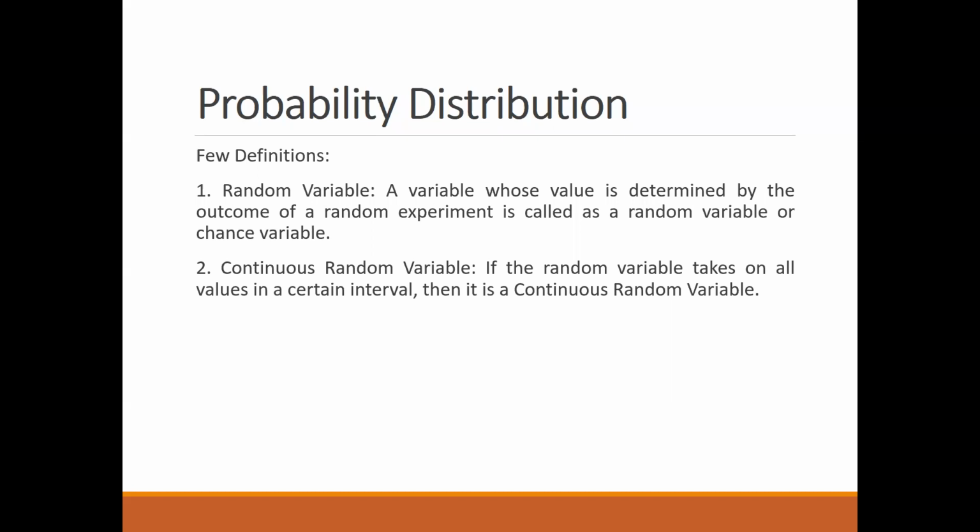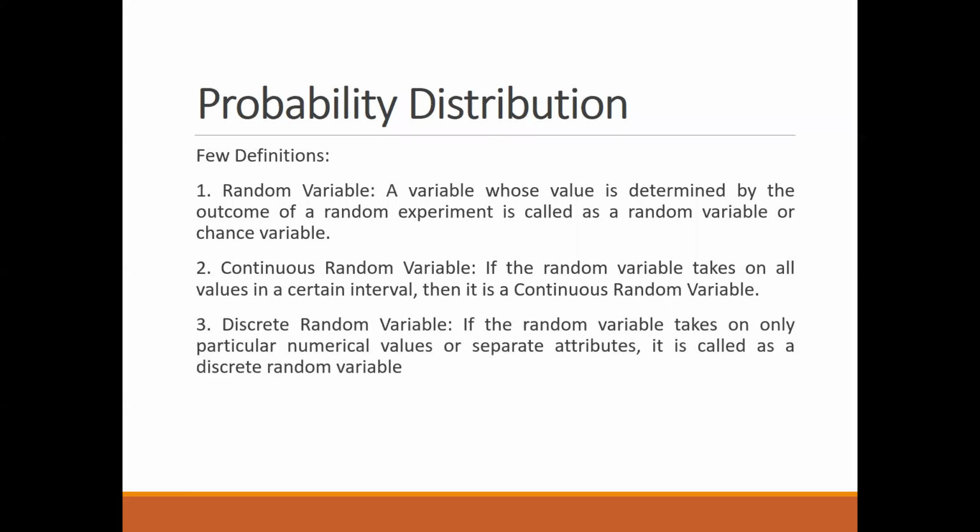If your height variable is going to take all the possible values in a particular interval, then it is a continuous random variable. We can also have some other examples as well.